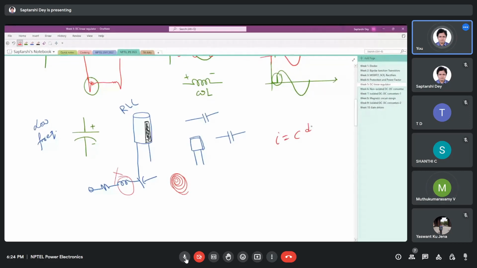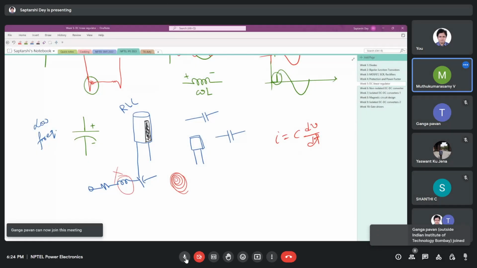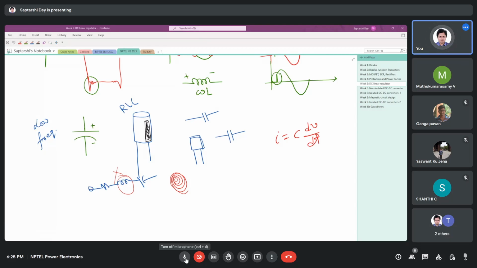You can write this for both the capacitors. It is only where and why you use which capacitor.